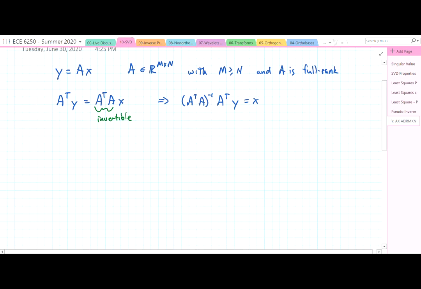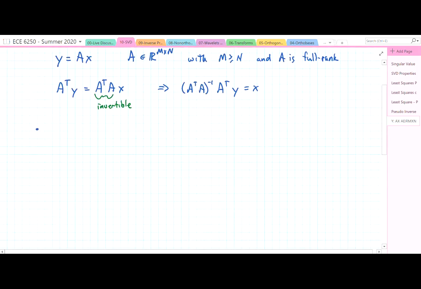But there's something else that's an interesting property of our pseudo inverse, and that is that if we define some matrix H, and now we want to minimize over H, in R^(n by m), the Frobenius norm of HA minus I.